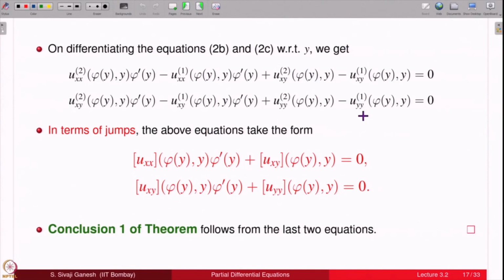So, conclusion 1 of the theorem follows from the last two equations, because we called the uxx jump lambda, then the jump in uxy is minus lambda phi dash. Therefore, the jump in uxy is minus lambda phi dash, that will give you the jump in uyy is minus lambda phi dash into phi dash. That is the conclusion 1.